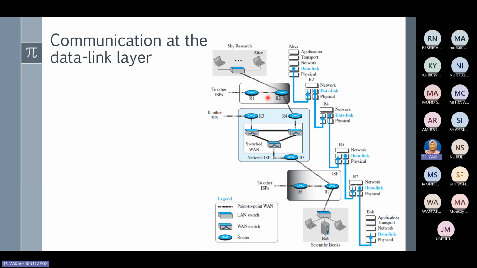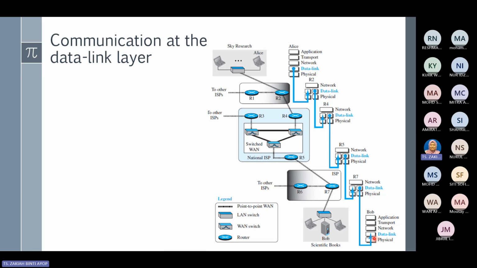Now, for the communication at the data link layer, the name of the communication is what we call hop-to-hop delivery. The meaning of hop-to-hop delivery is that the datagram or the packets that we want to send to the destination, in this case, from Bob to Alice.